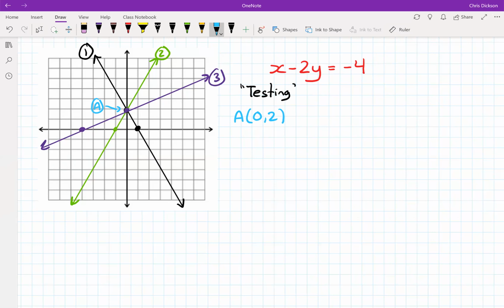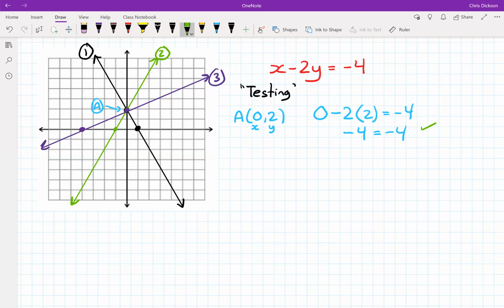I'm pretty sure that's going to have to be true. Otherwise, none of these equations are going to be correct here. So don't forget the 0 is the x and the 2 is the y. So I've got 0 minus 2 times 2 is equal to -4. Of course, that's -4 equals -4.